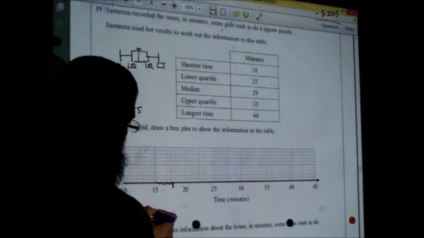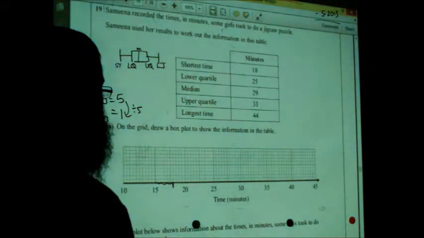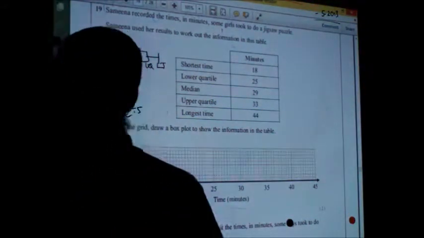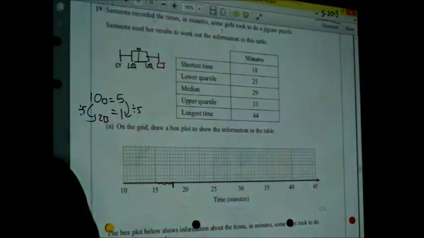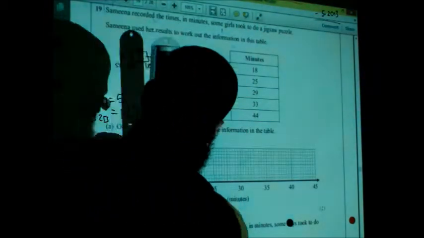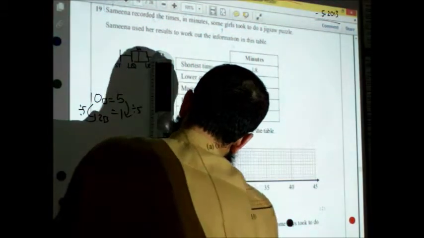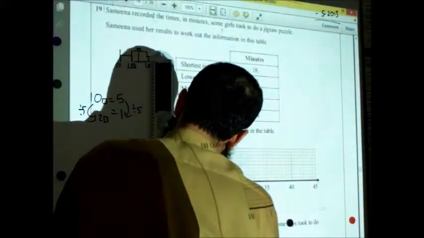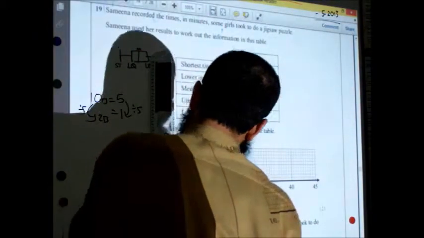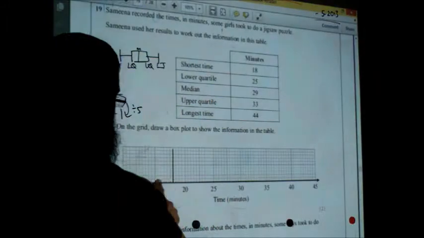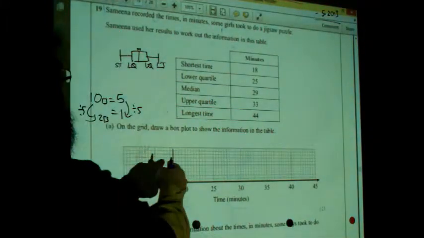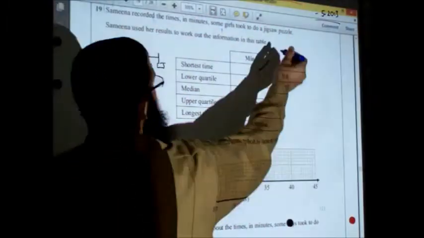That should be 18. Okay, let's try to use a ruler. There's my starting time, so I've done that one.